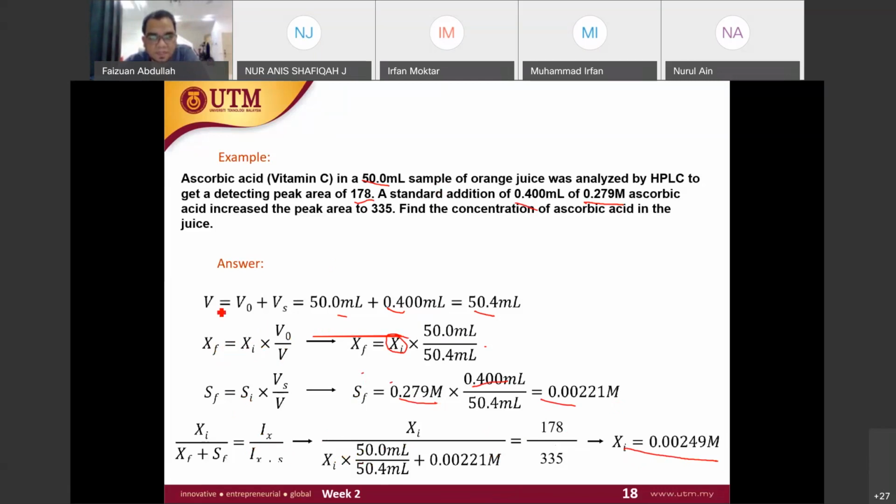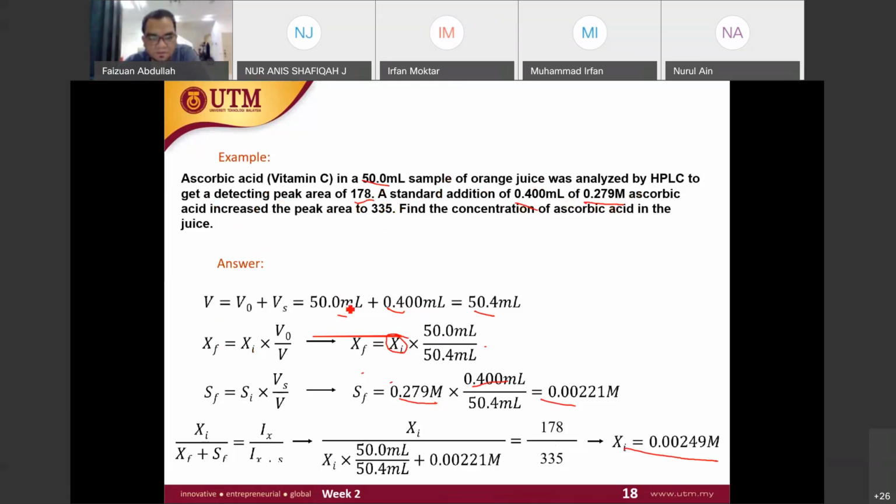X is the unknown analyte and S is the standard. Ascorbic acid in a 50 ml sample of orange juice was analyzed by HPLC to get a peak of 178. A standard addition of 0.4 ml of 0.279 molar ascorbic acid increased the peak to 335.